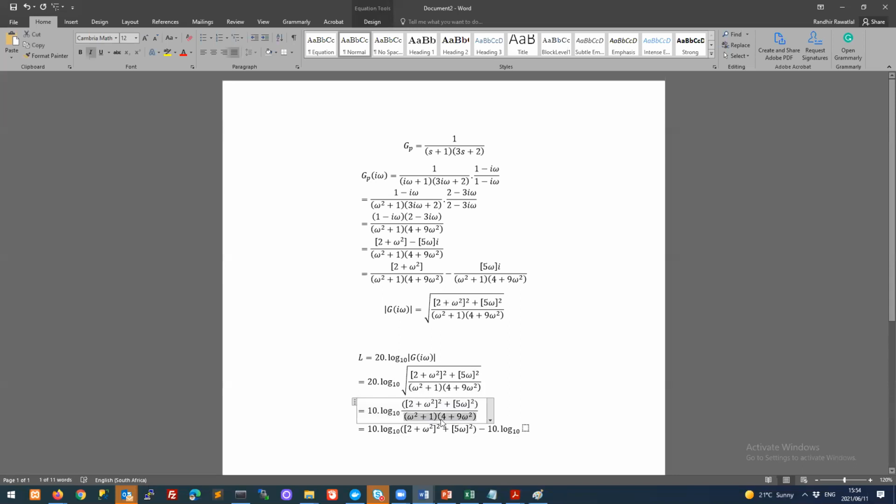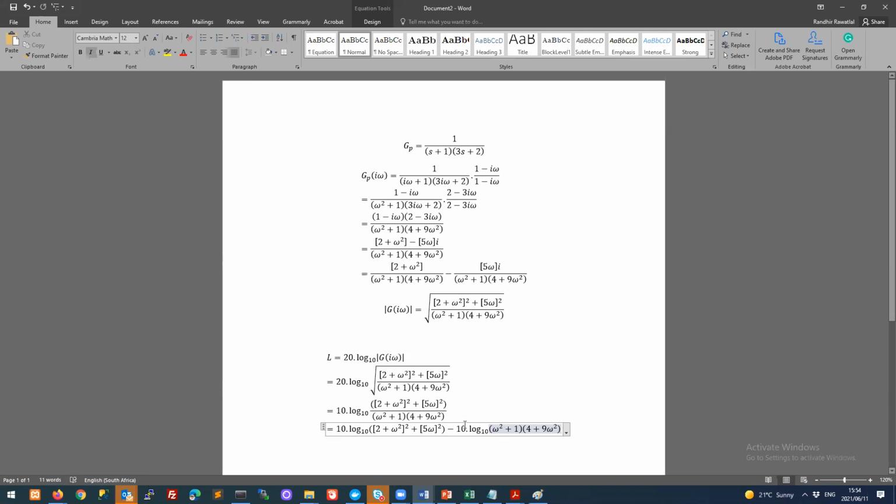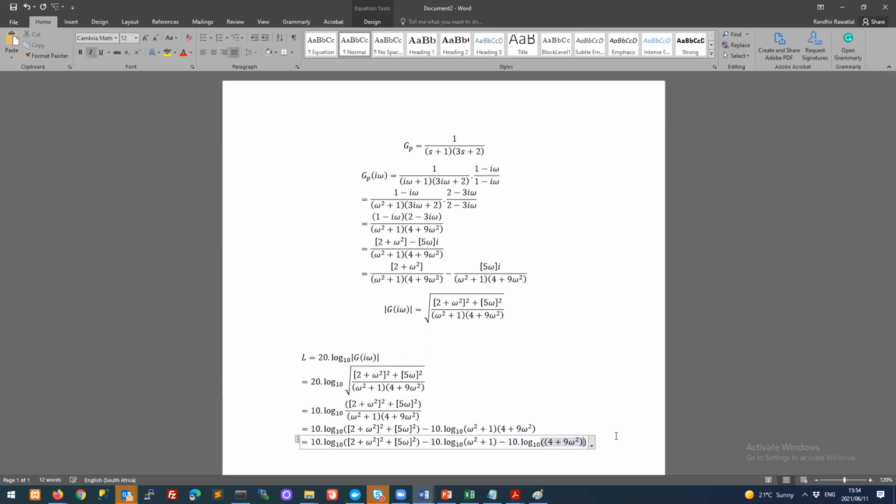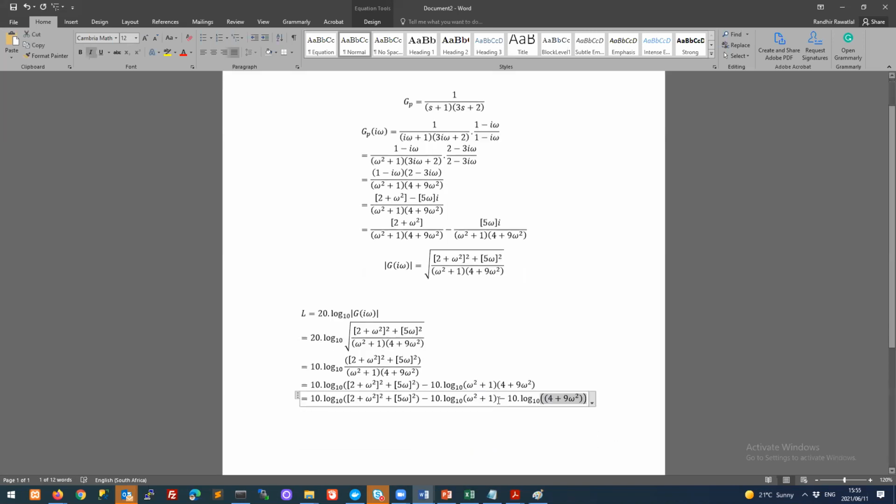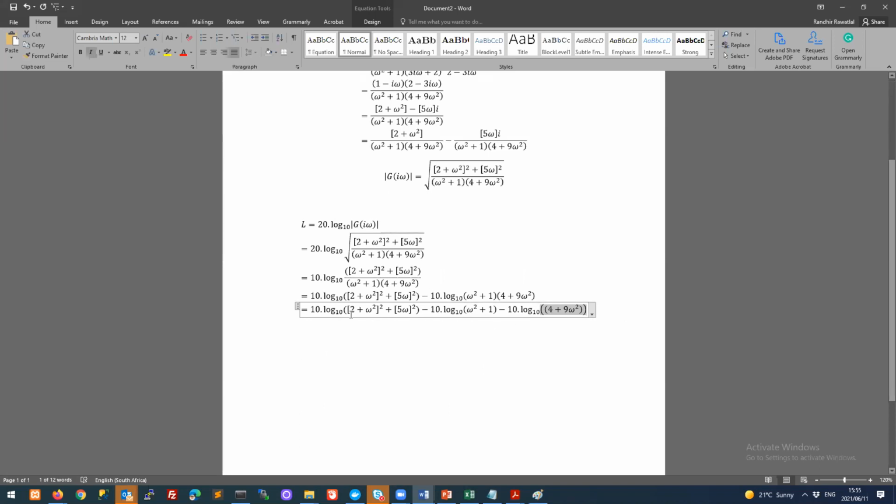We are using the fact that this is this stuff raised to the power -1, so we just took the -1 in front here, and now it looks like that. And then you can't separate this one, but you can separate these two. So we can rewrite this like so. So you would say minus 10 log 10 of this stuff. Right, so you've got these three terms, and now you can go ahead and try and plot this.